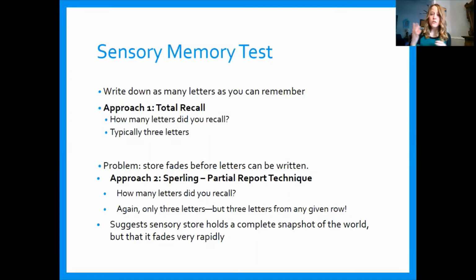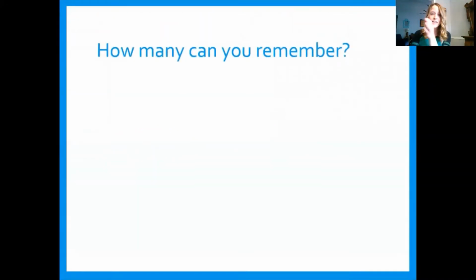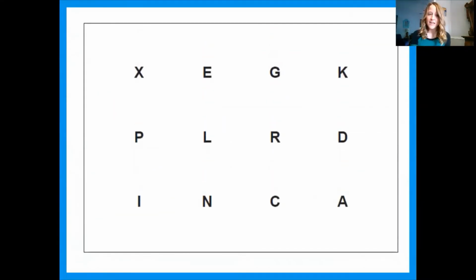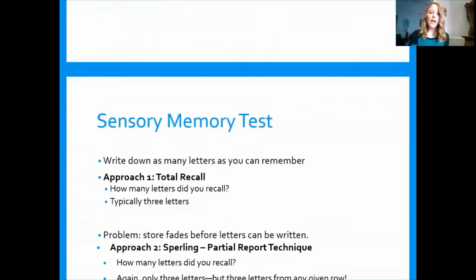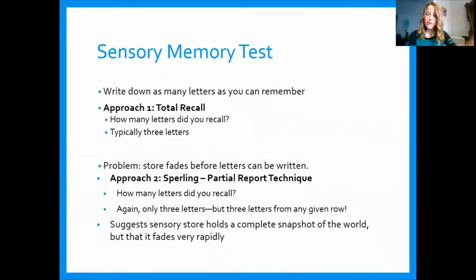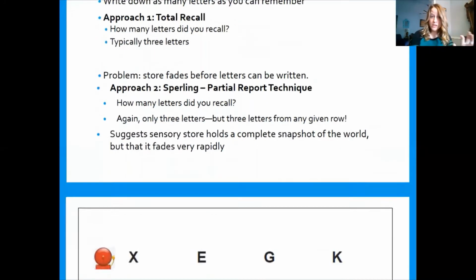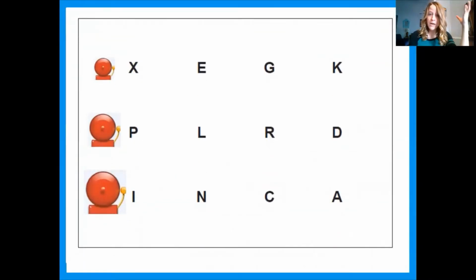They would receive the same test that you got, but then when it came time to recall, to write down what they remembered, they would be instructed to report letters from just one of the 3 rows. For instance, if they heard a soft bell, or a quiet bell, they would report the first row; a medium loudness, they would report the middle; and a really loud bell, they would report the last row.